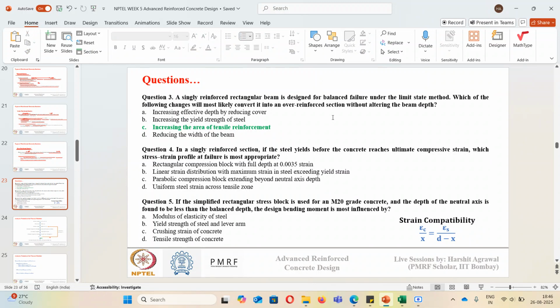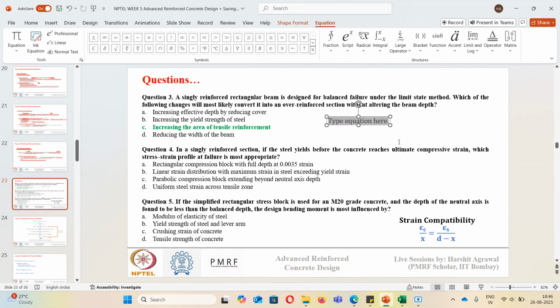If you know one equation, I will just write one equation here. This equation is from the IS code. Later on we'll see it again.